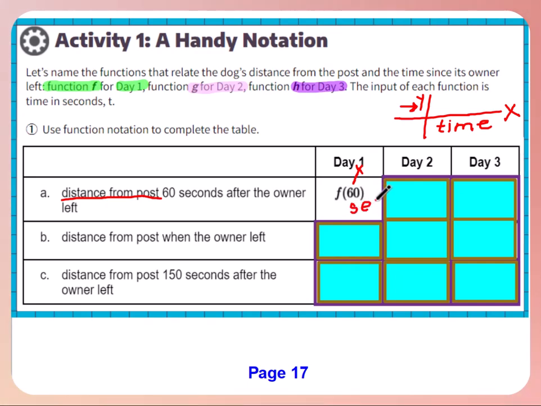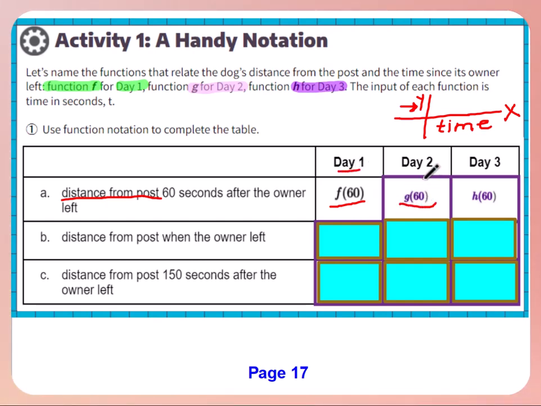So how do we write function notation for day 2? We're using G for day 2, so we're going to use the same notation, but we're just going to replace F with G. That tells us we're looking at day 2. And how do we write function notation for day 3? This time we're using the variable H for day 3. So the way that we read this is, with the information given, how far the dog was away 60 seconds after the owner left on day 1.